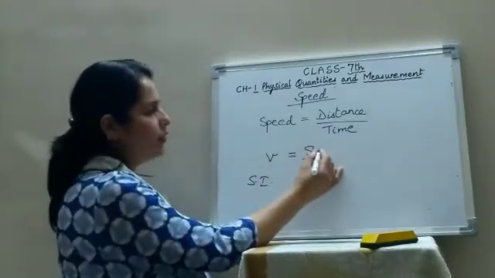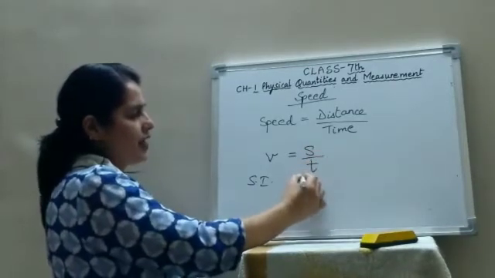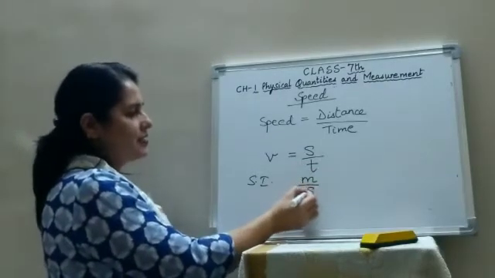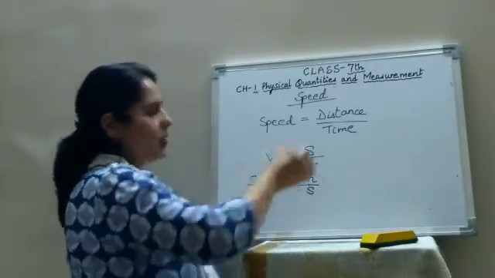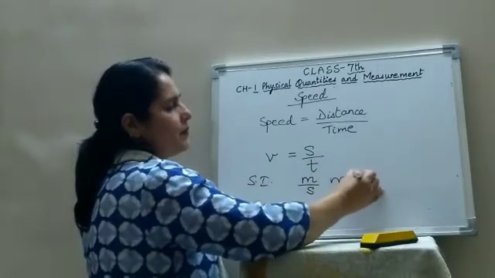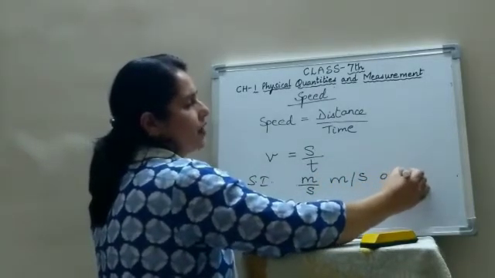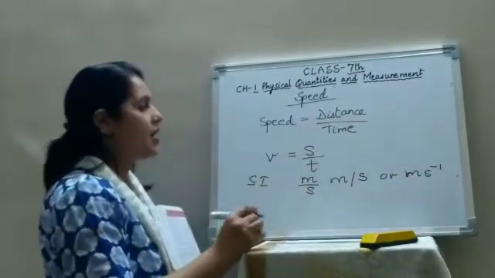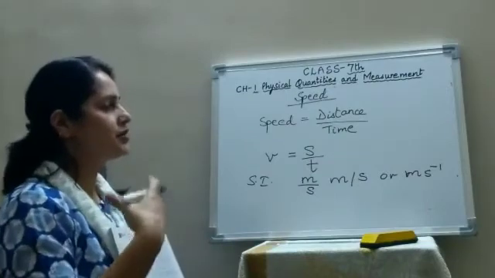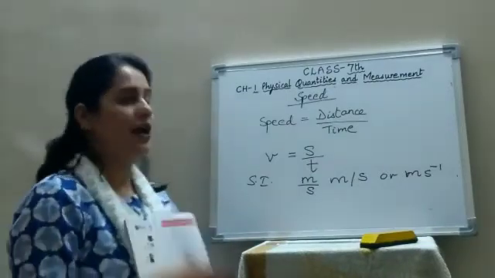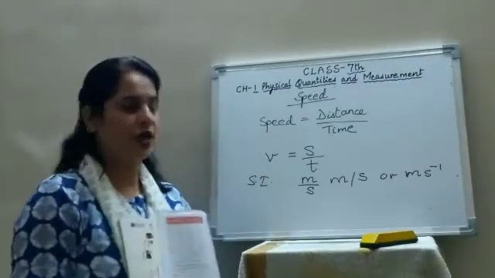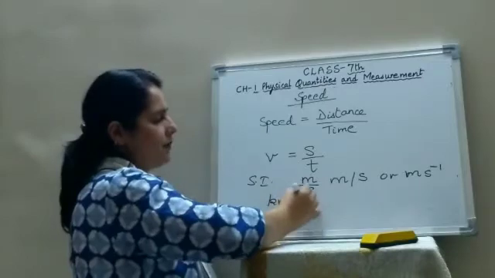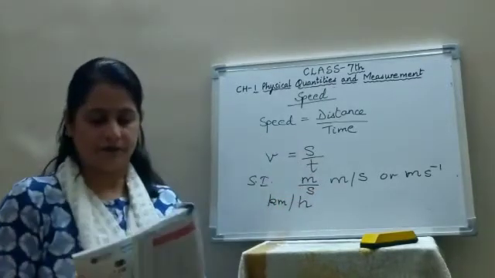And as already told you, the standard unit of distance is taken as meter and the standard unit of time is taken as second. So the standard unit of speed becomes meter per second. And if the speed is more, obviously in hours and kilometers if you have to take, then you can also take the speed in kilometer per hour.